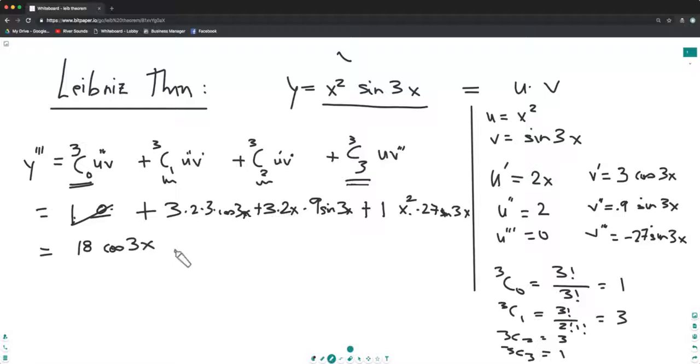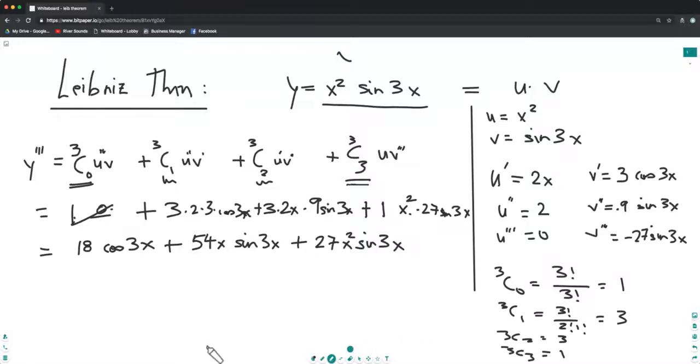And this is going to be 3 times 2x times 9, so let's make it 54x sine 3x. And then this last one is going to be 27x squared sine 3x. And so that's how you use the Leibniz theorem.